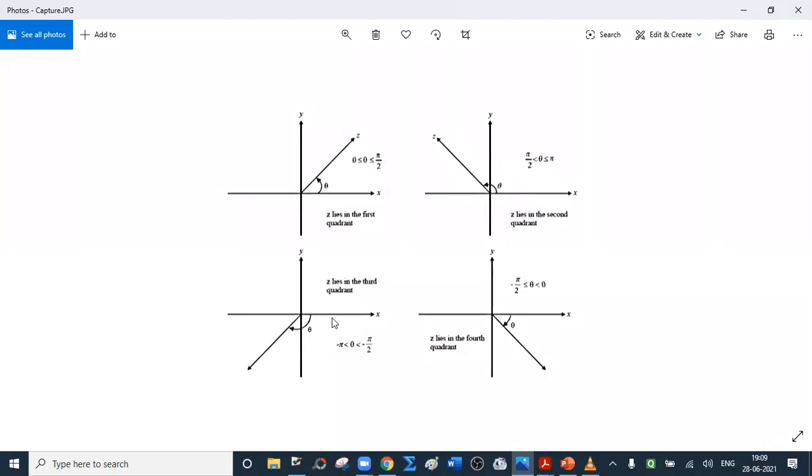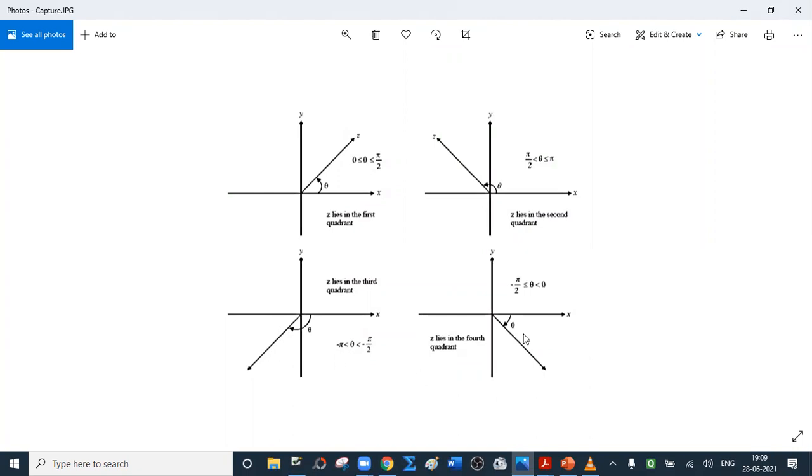Now see the case. Theta lies in which quadrant? Third quadrant. Note that the angle is measured in the clockwise sense, right? So it has to lie between minus pi to minus pi by 2. See, minus pi means this one and minus pi by 2 means this one.